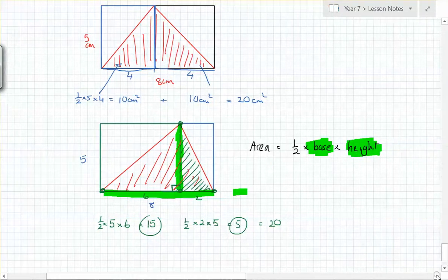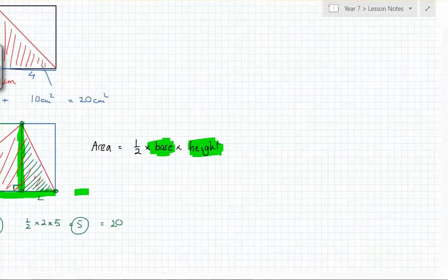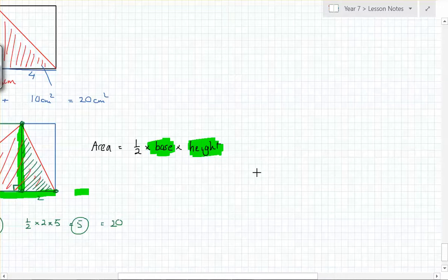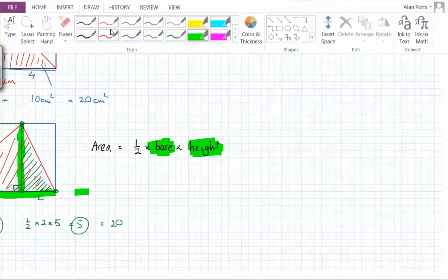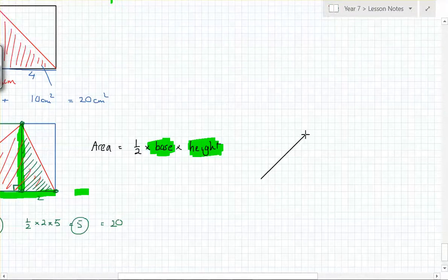So, along those lines, if I were to draw a triangle that's not to scale, right? So draw yourself a triangle. Doesn't really matter. I'm going to make some numbers up.